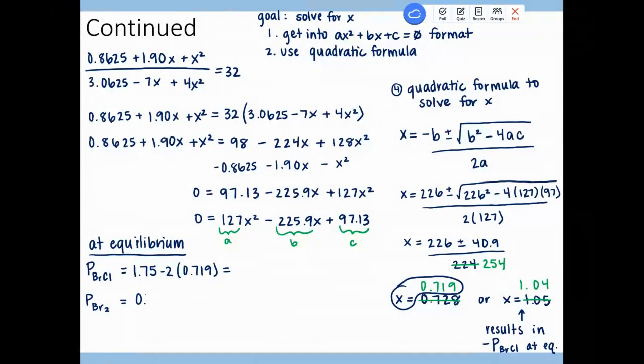Partial pressure of Br2 at equilibrium, 0.750 minus x, which is 0.719, or plus x, I'm sorry. And then partial pressure of Cl2 at equilibrium is 1.15 plus x.